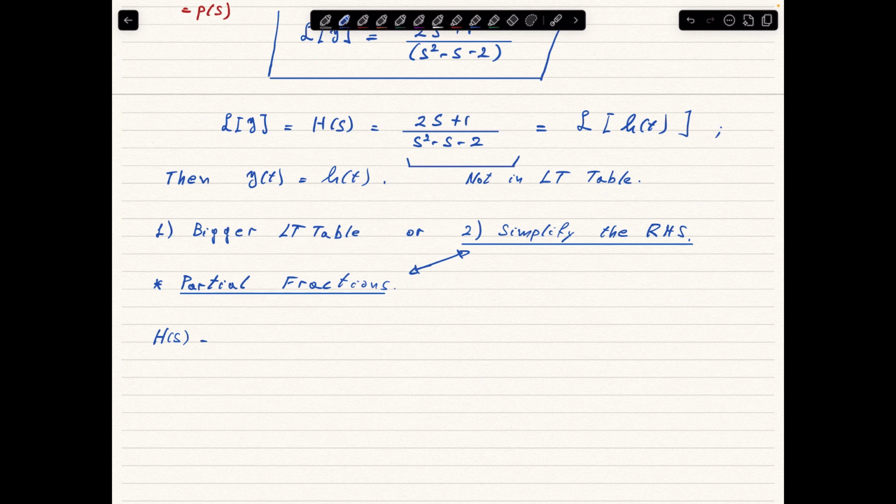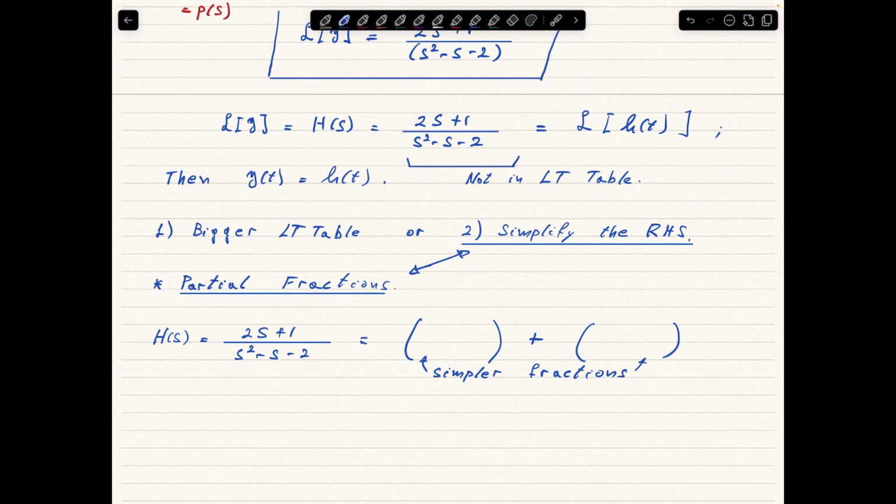Recall H of s, we said, is (2s plus 1) over (s squared minus s minus 2). And what we want to do is write it as an addition of simpler rational functions, simple fractions, that hopefully are in the Laplace transform table.